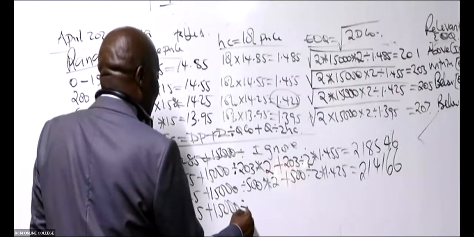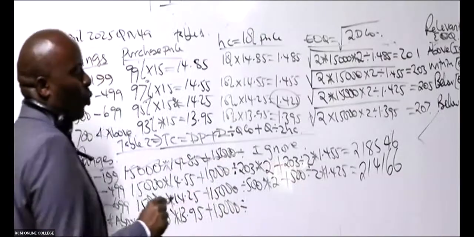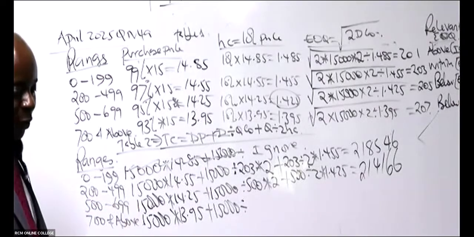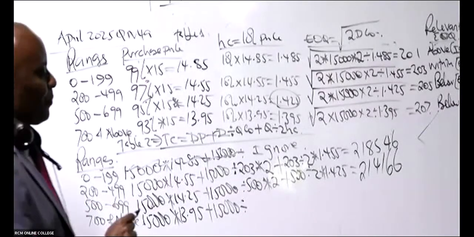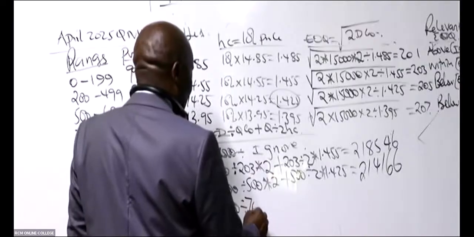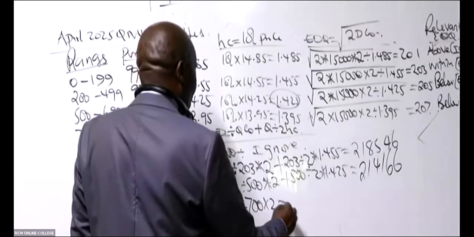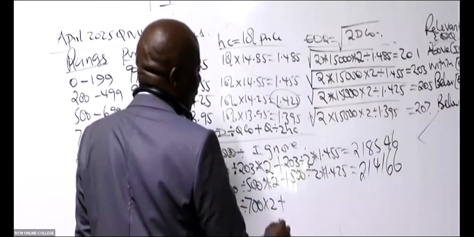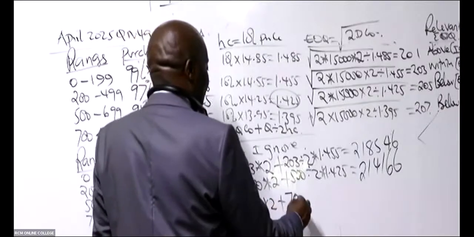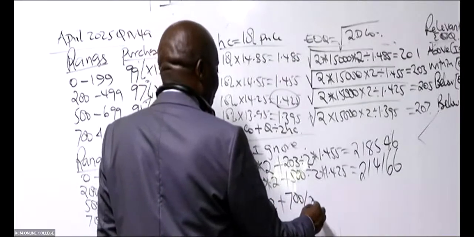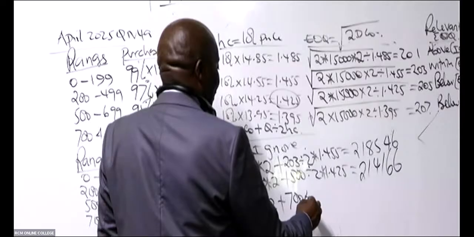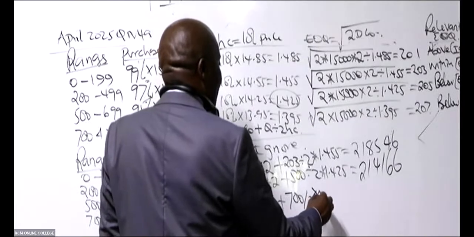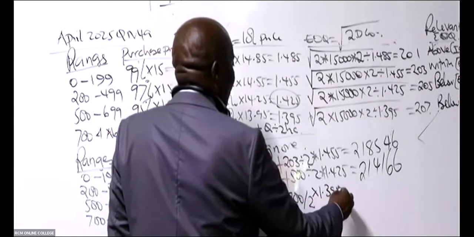We divide this by EOQ for the fourth one. What is the EOQ for the fourth one? 700. 700 times the cost per order, which is 2, plus quantity over 2, so 700 divided by 2, times in this case 1.395.